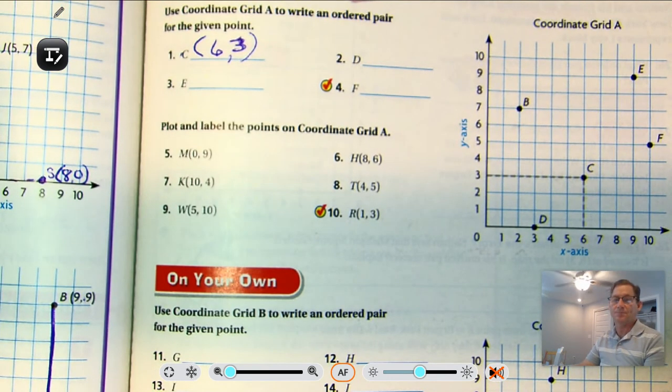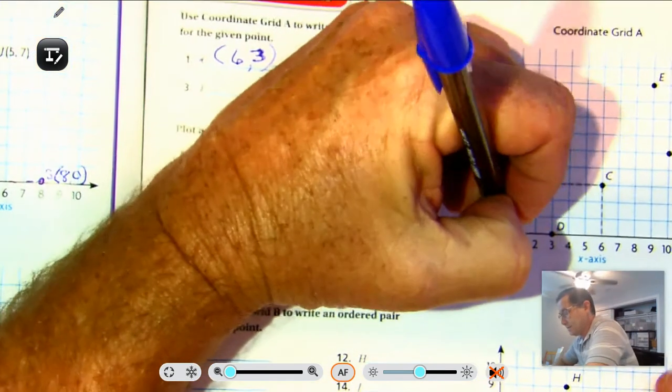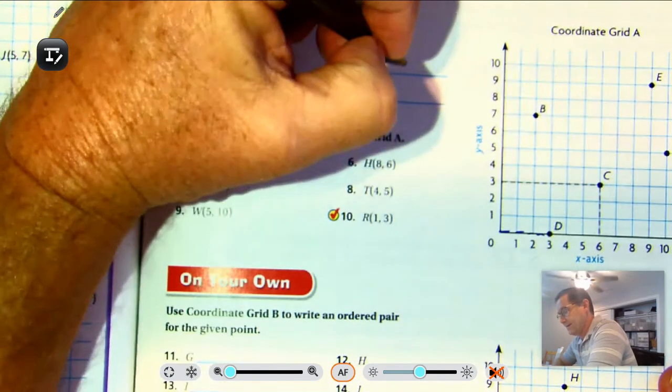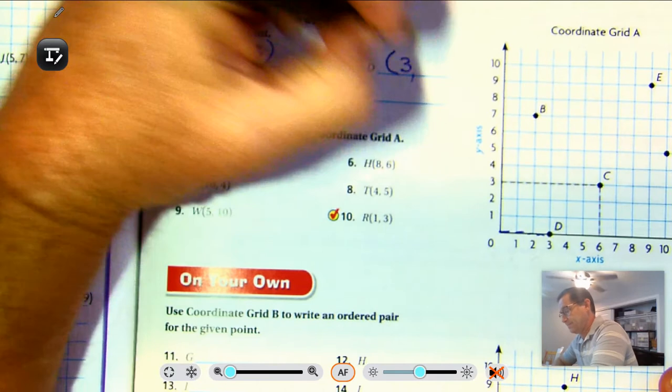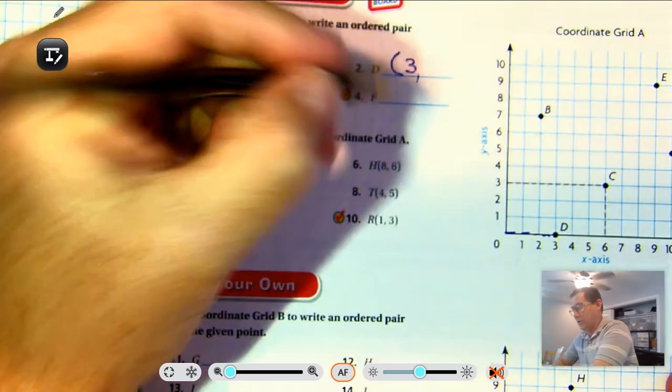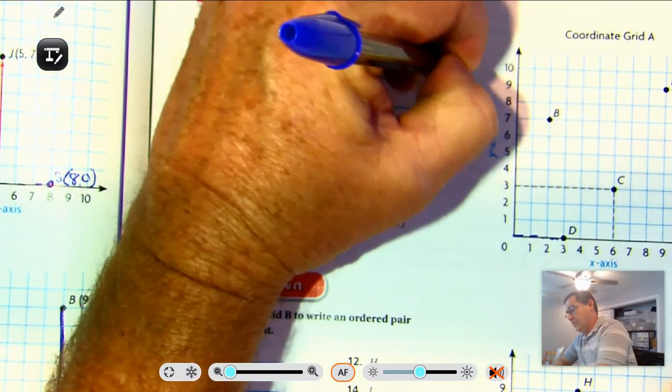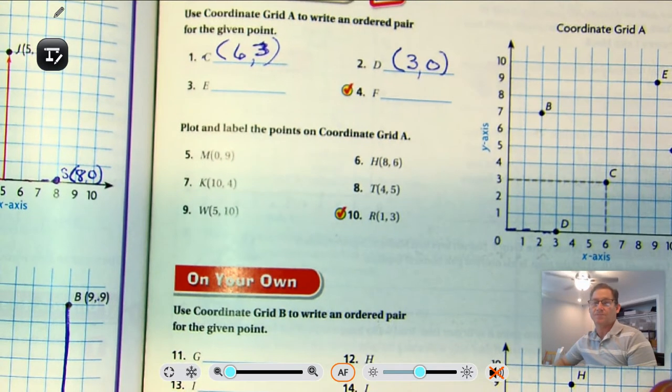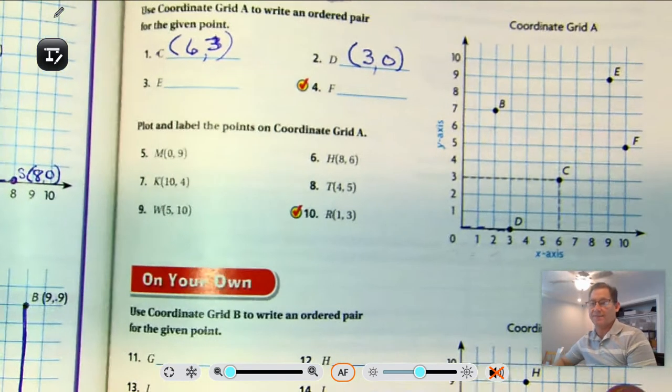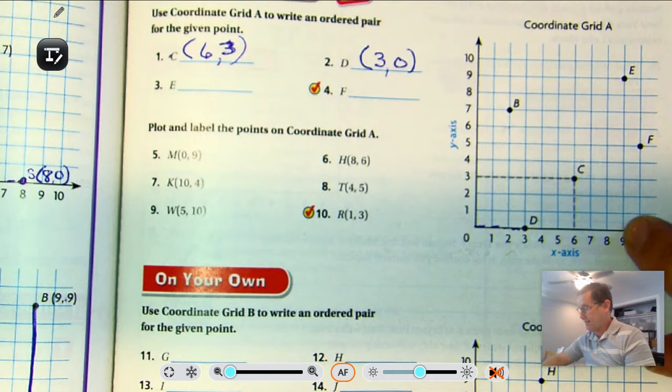D. D is to the right 3 and up 0. So 3, 0. How about E? Okay, E is at 9.